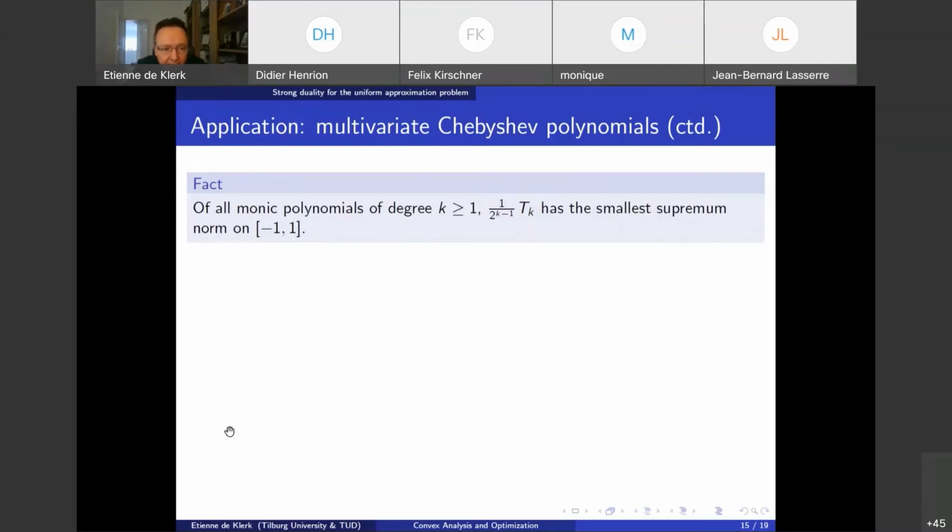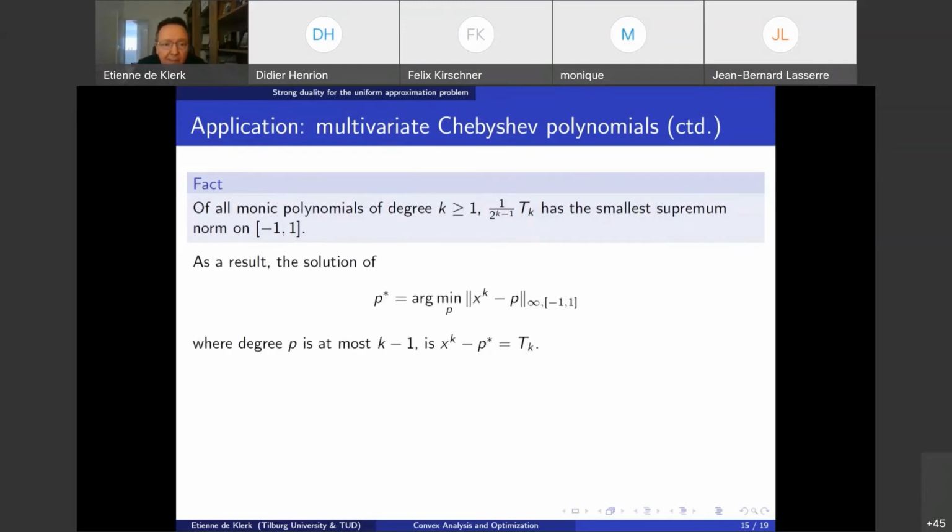So this just means that if we are interested in a specific uniform approximation problem where we approximate the monomial x^k for some fixed k by polynomials p of degree at most k-1, so degree 1 less, then the answer should be x^k minus p star equal to the Chebyshev polynomial, and I forgot the factor to make it monic.